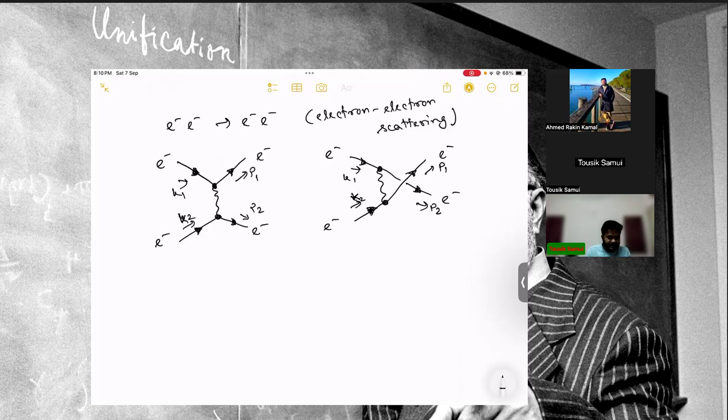Let me write this as diagram 1 and this as diagram 2.